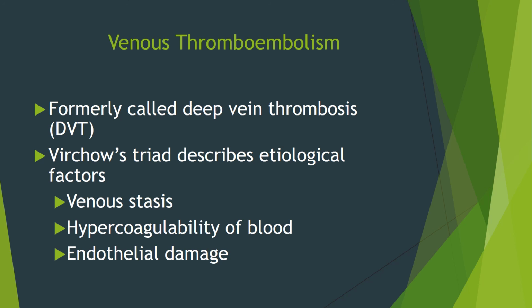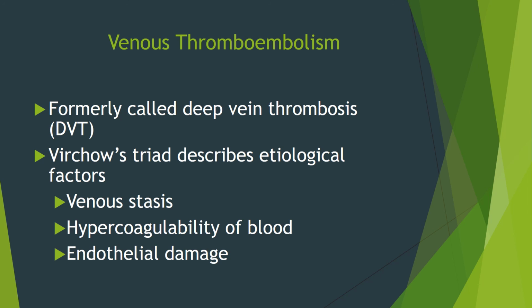And these 3 main categories are venous stasis, so blood flow not happening, just blood sitting there, not moving. Hypercoagulability of blood, meaning the blood is hyper thick, it's wanting to coagulate really badly, really wanting to form clots.